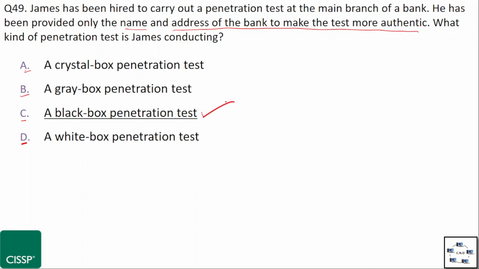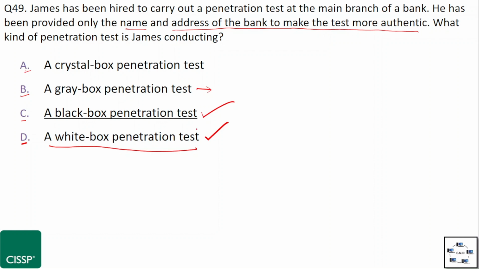Since James has not been provided enough information, this kind of test is black box testing. If the penetration tester is provided most of the information, such as information available to an internal user, then this is a white box penetration test. While in gray box, limited information is made available.